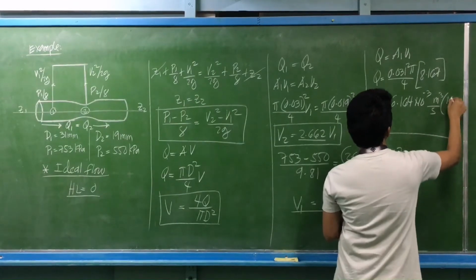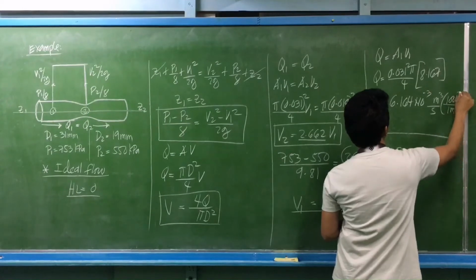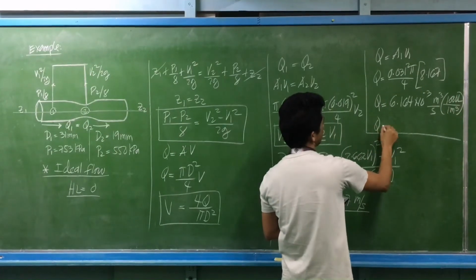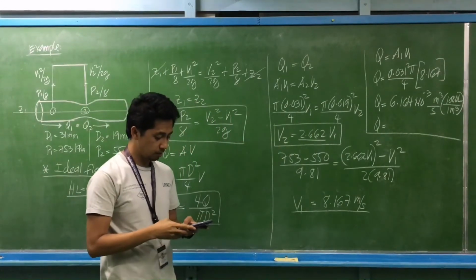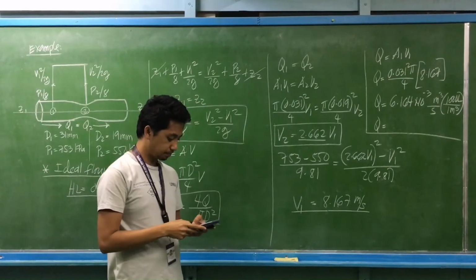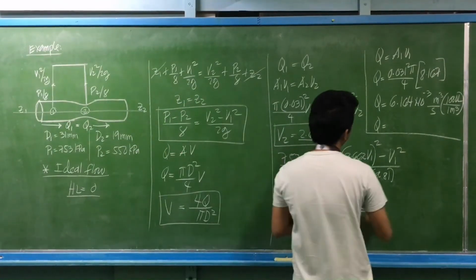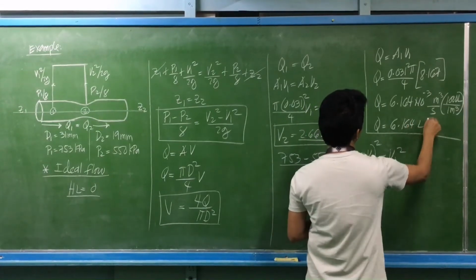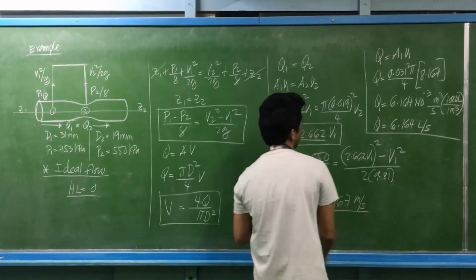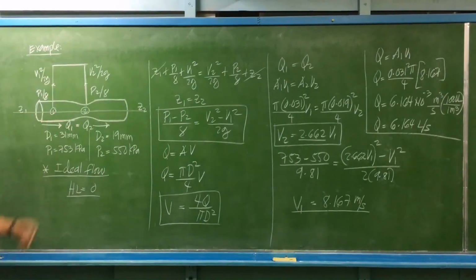To get liters, multiplied by 1,000 liters to 1 cubic meter. So just for the value, let's make it liters per second. So this is multiplied by 1,000. It will be equal to 6.164 liters per second. So that will be the discharge passing through this Venturi meter.